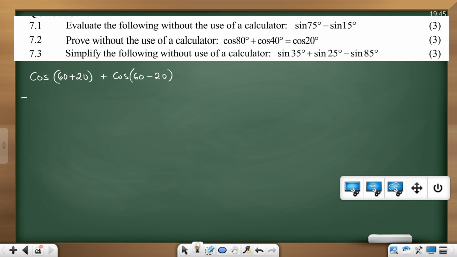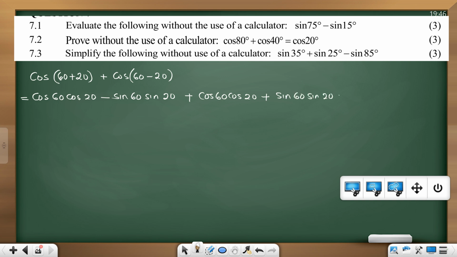plus cos 60 minus what? 20. Noella, check this. What would I have? Cos 60, cos 20, that's a minus, right? Sine 60, sine 20, plus, what do you have here? Cos 60, cos 20, the sign changes, plus sine 60.